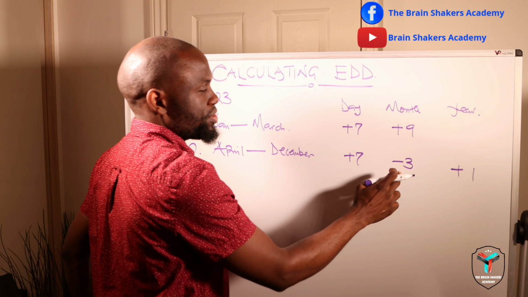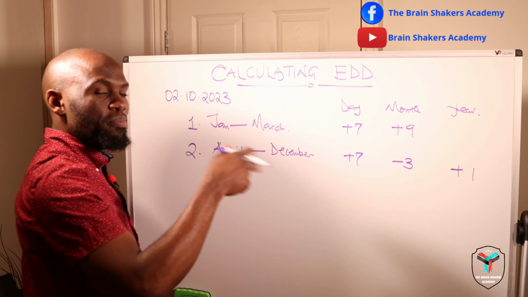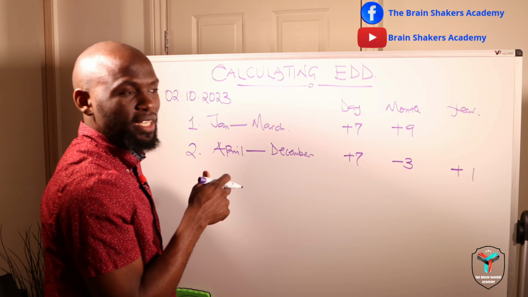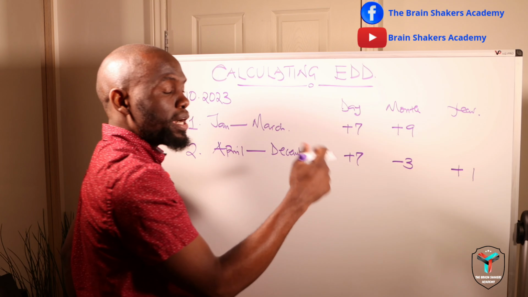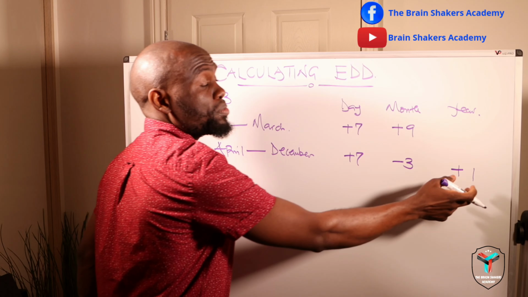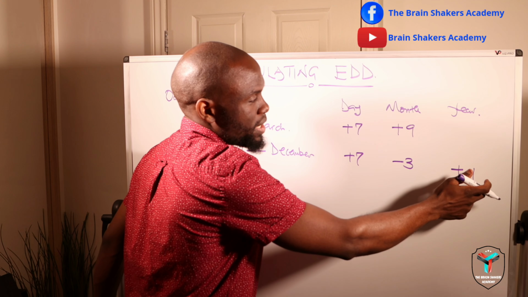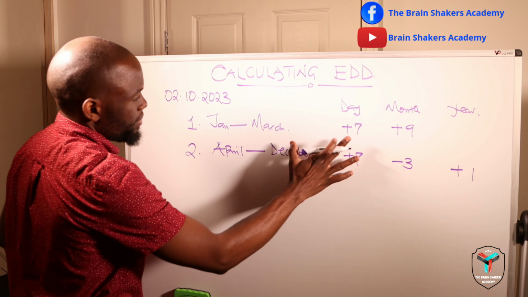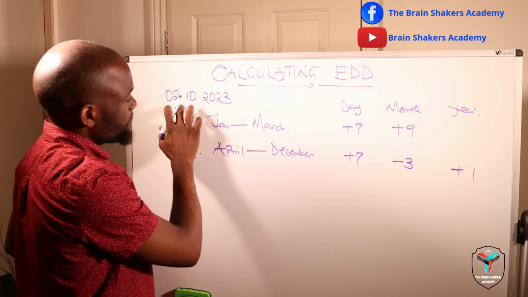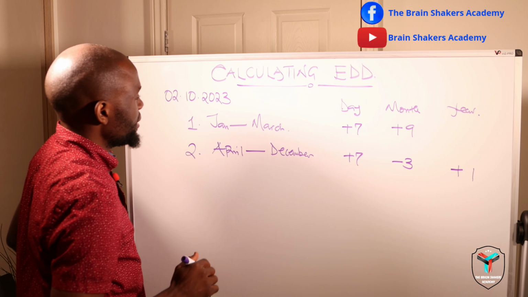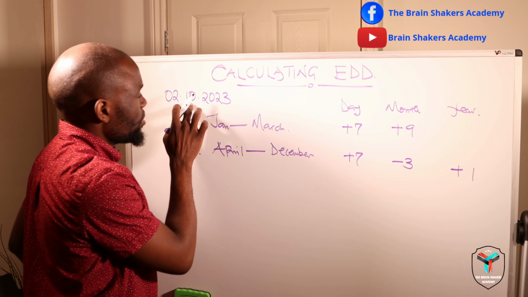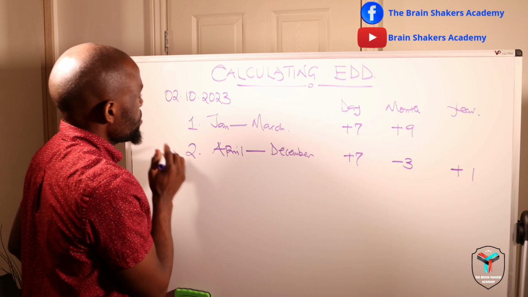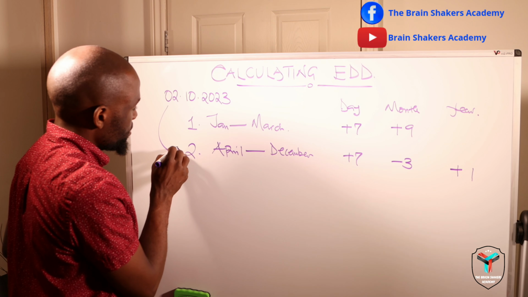So we're deducting a 3, meaning that we'll have to go backwards 3 months. And because we're going backwards 3 months, we will need to add a 1 to come up with the year. So if we're using this and we get the LMP here as 2nd of October 2023, we are going to use this one for this one.